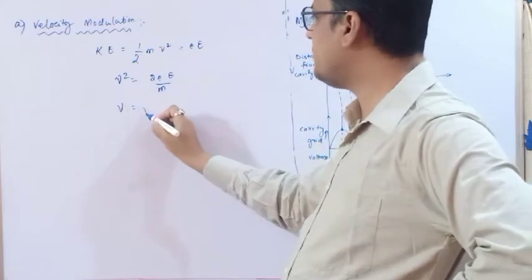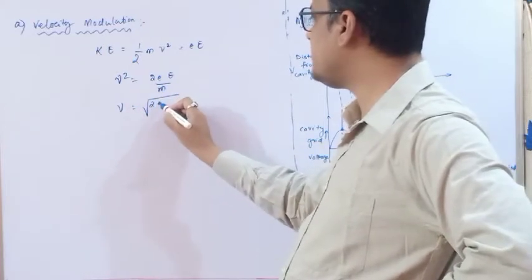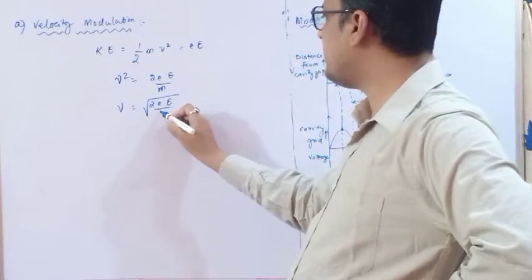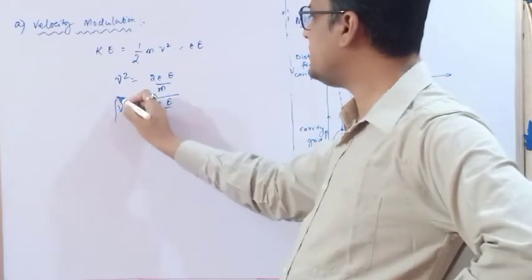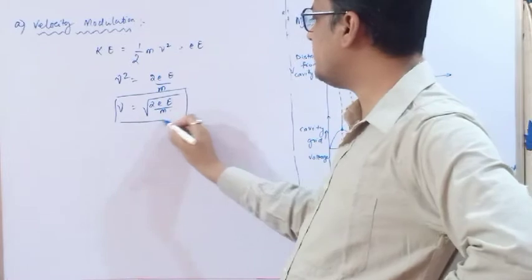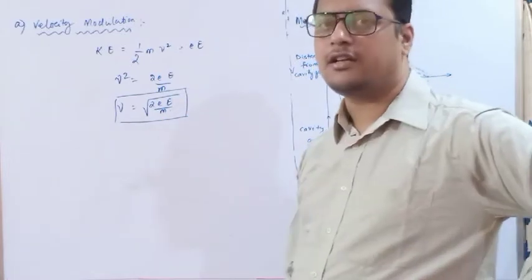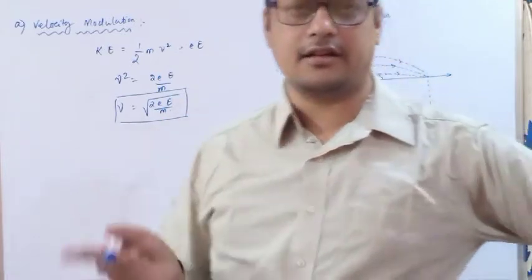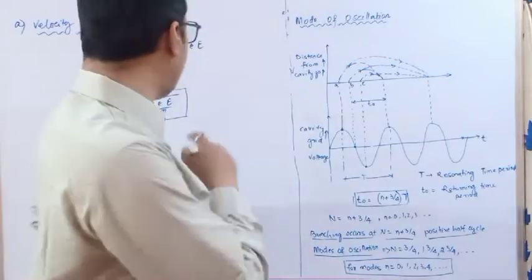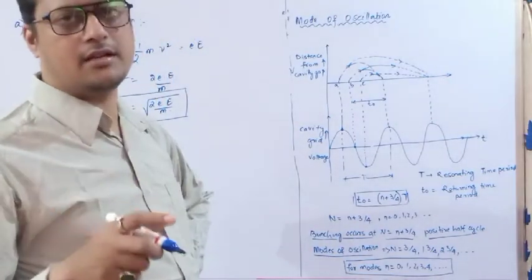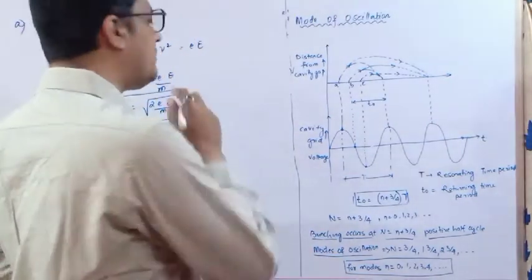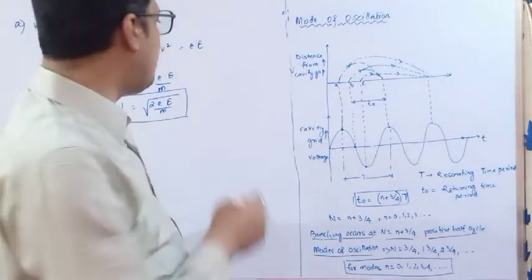So V equals the root of twice eE divided by m. So this is the velocity relation with respect to the electronic charge and electric field, and m is the mass of an electron. So if I am going to substitute all these values, now what is E?